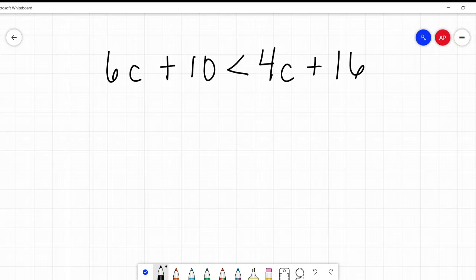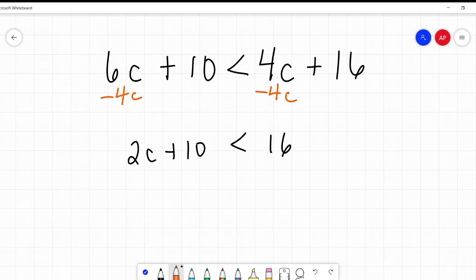Does anything change? For this problem, if we do things the same way as we did the equation, we actually can do that. We can do everything exactly the same way in this particular problem. So again, I want all of my variables on the left, so I subtract 4c from both sides. 2c plus 10 is less than 16.